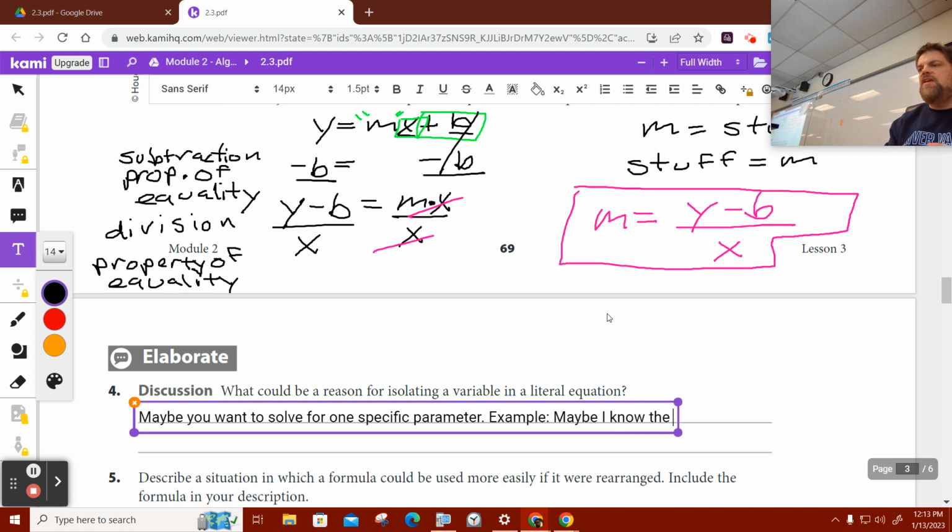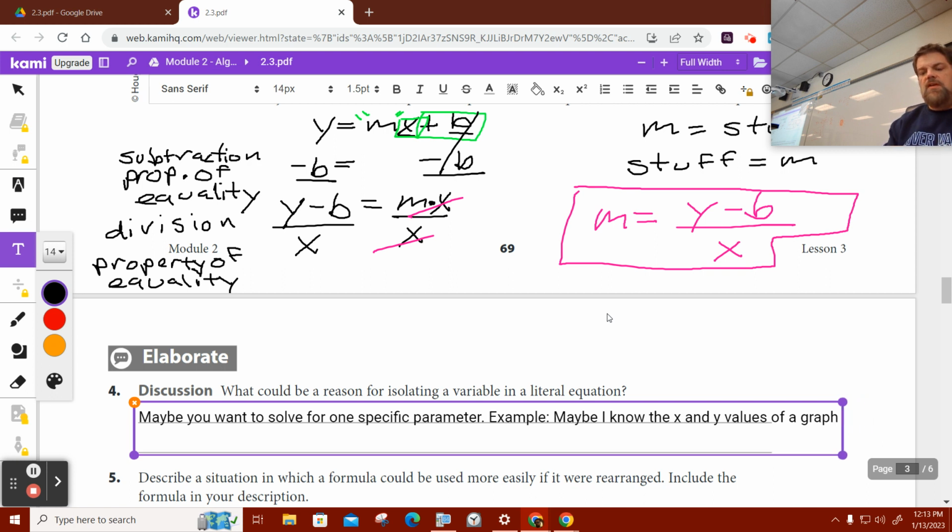For example, maybe I know the x and y values of a graph, including the y-intercept, then in parentheses I'm going to put b, but I need to find the slope m.